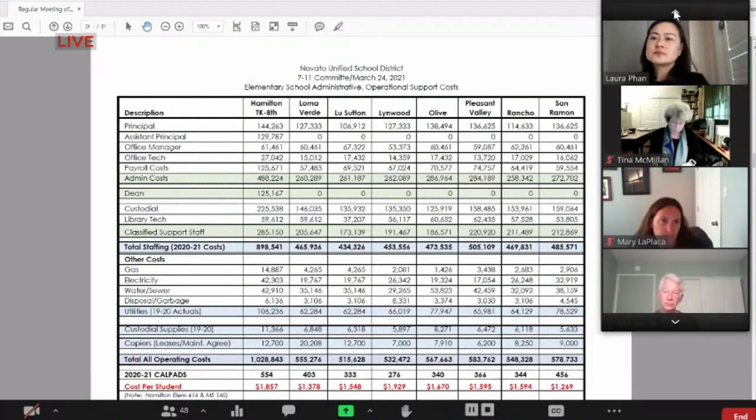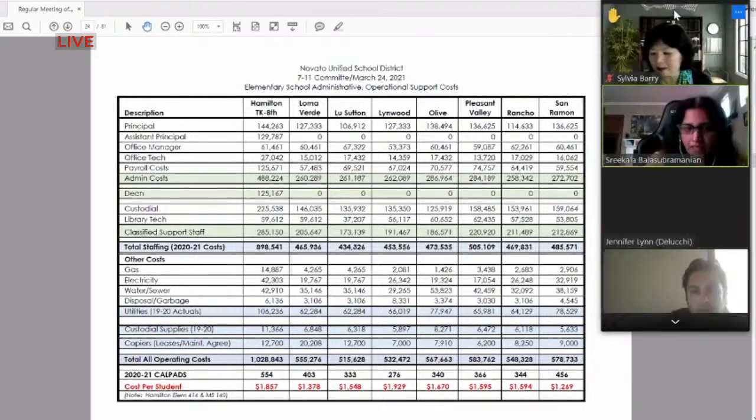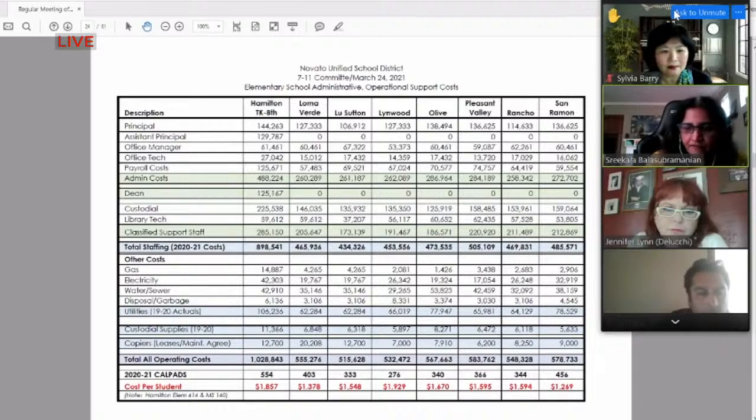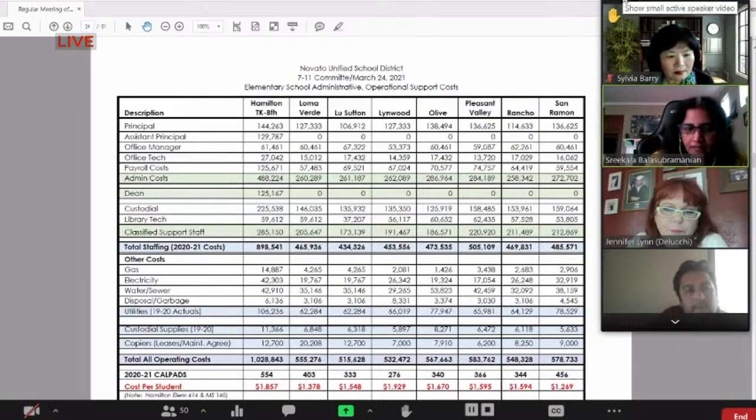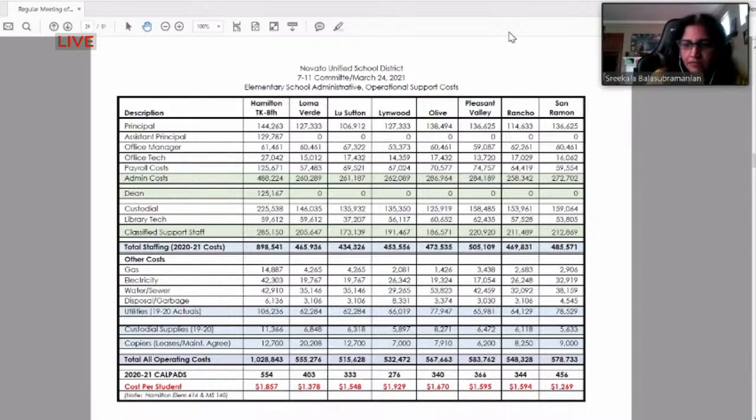Is there a way that Hamilton can be broken down between TK to 5 and 6 to 8? Because I think the data looks very skewed. If I understand right, the assistant principal and the dean and all that would typically be only for the middle school.